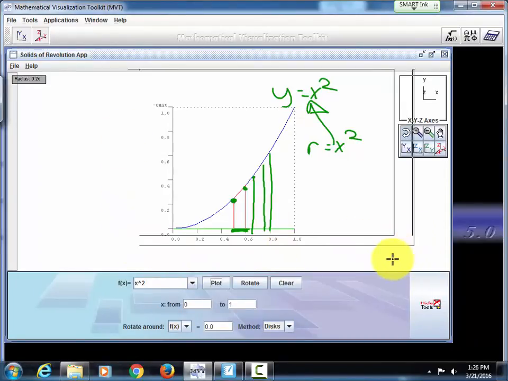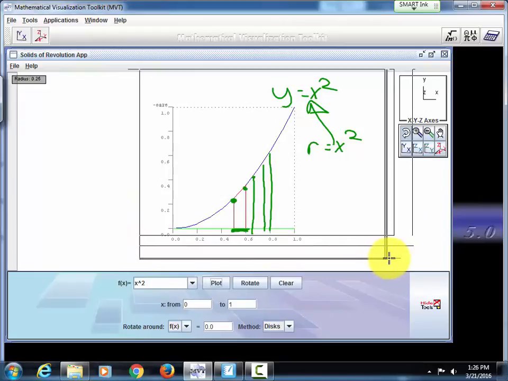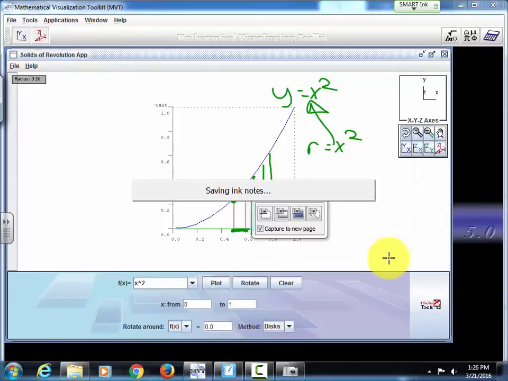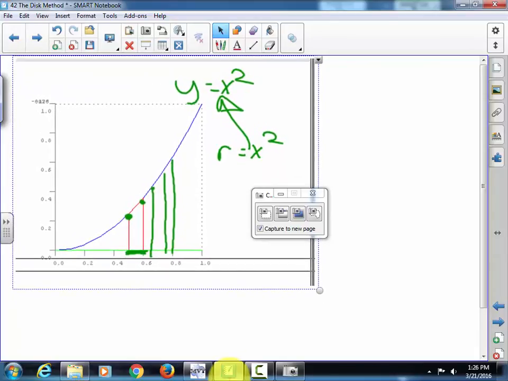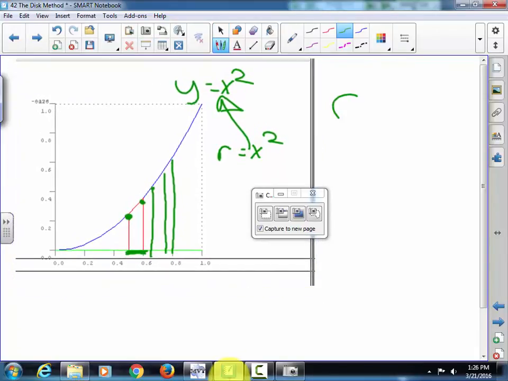If we take all of these things together, and if we want to find the volume of it, we need to integrate with respect to x, 0 to 1. That's from here to here. Now remember, the dx is this distance down here, correct? So our dx is kind of like our height.